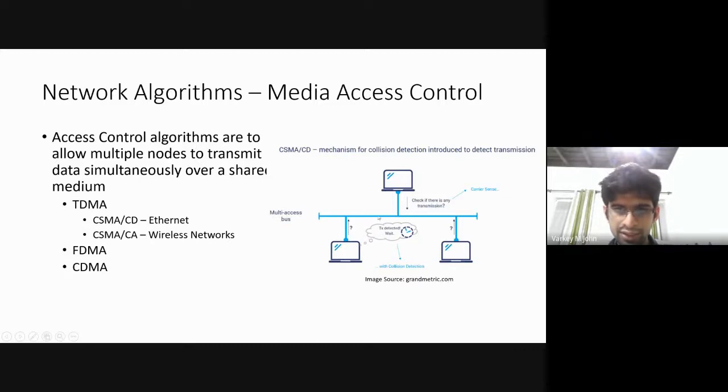If it is free, it sends the data. But if a collision occurs while the data is being sent, it senses that collision and sends the data again. The timer keeps changing so that the nodes finally send the data one after the other. That's what happens in CSMA/CD in Ethernet.